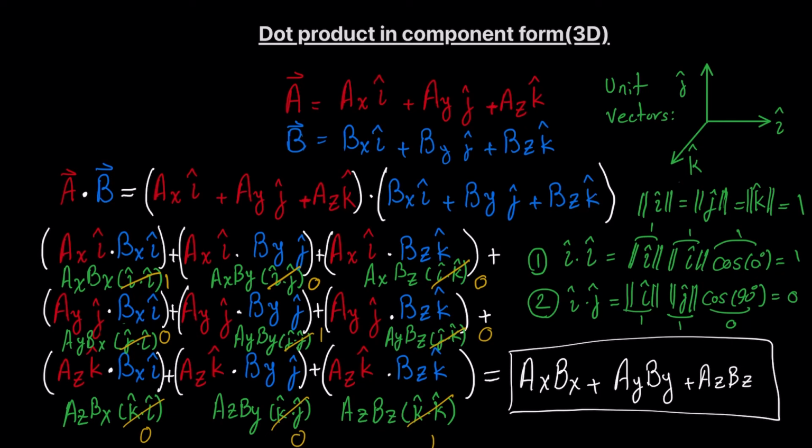So here 6 of those terms went to 0. And all that was left is ax bx plus ay by plus az bz. So essentially all we're saying is multiply the corresponding components, i hat components, j hat components, k hat components, and add them up. This is called the vector dot product in component form or in vector equation.